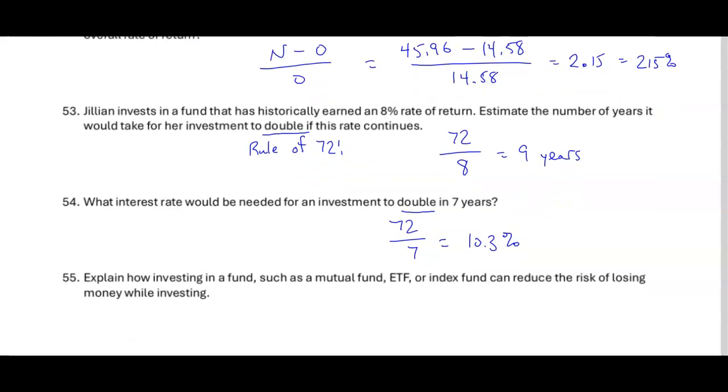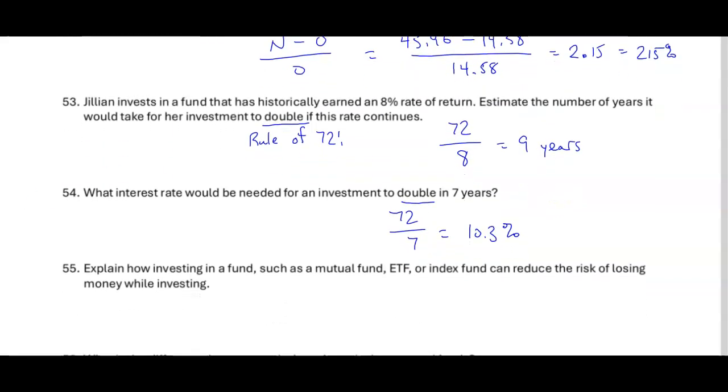All right, 55. Okay, explain how investing in a fund, such as a mutual fund, ETF, or index fund, can reduce the risk of losing money while investing. All right, well, these funds, all of them, are purchasing stocks in a variety of companies, and so that makes them diversified.